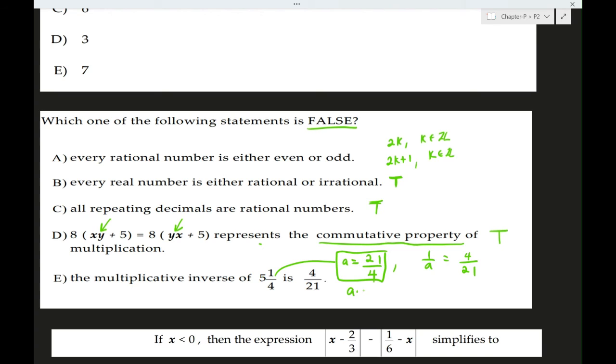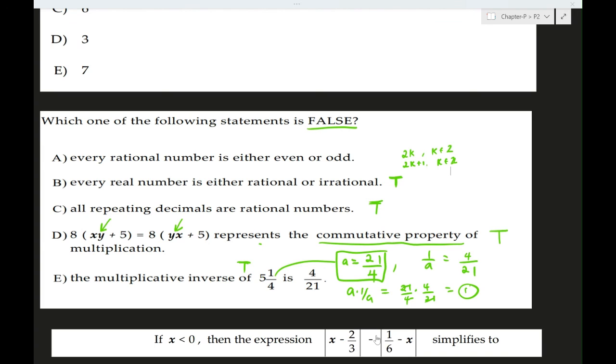And you can see, if you do A times 1 over A, it's 21 over 4 times 4 over 21. This cancels this, this cancels this, and you have 1, which is the identity under multiplication. So this is also a true statement.